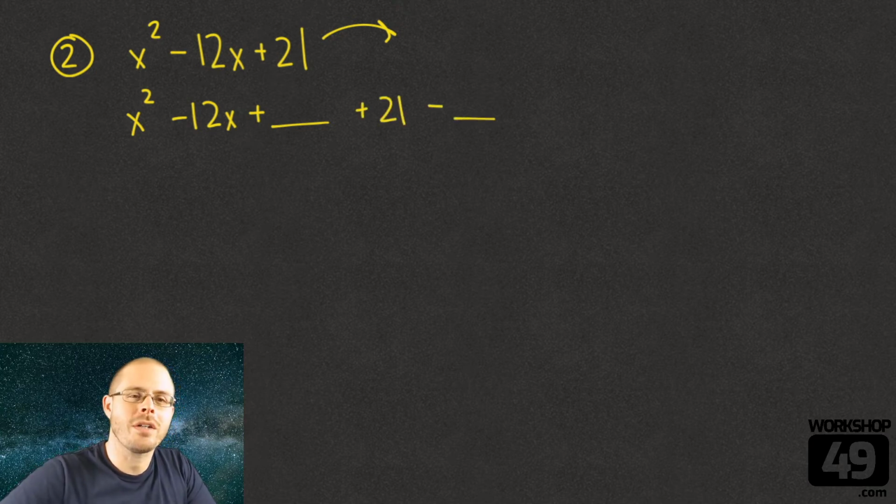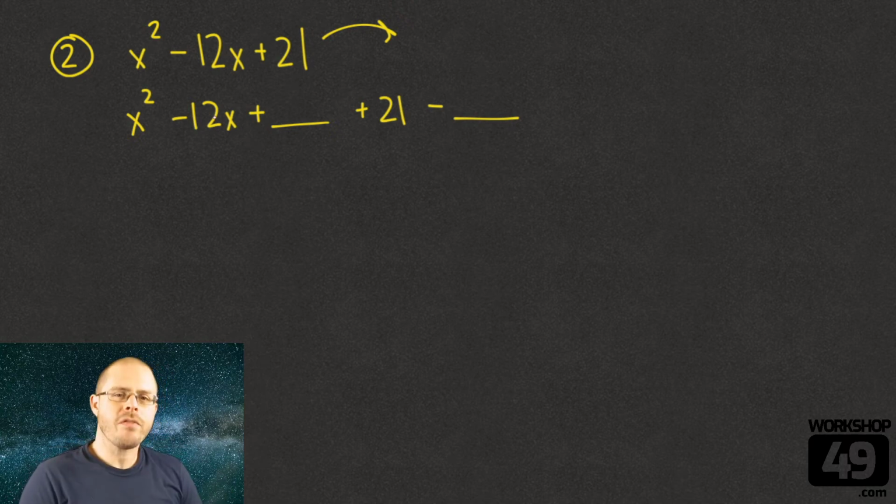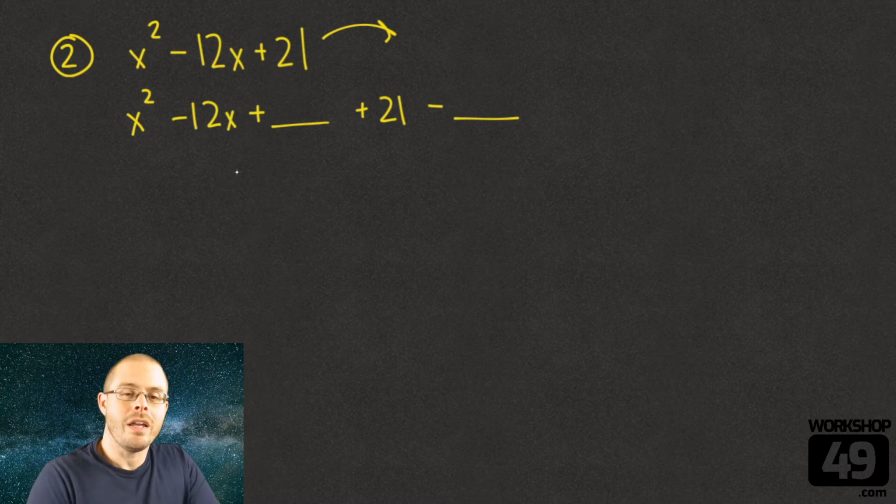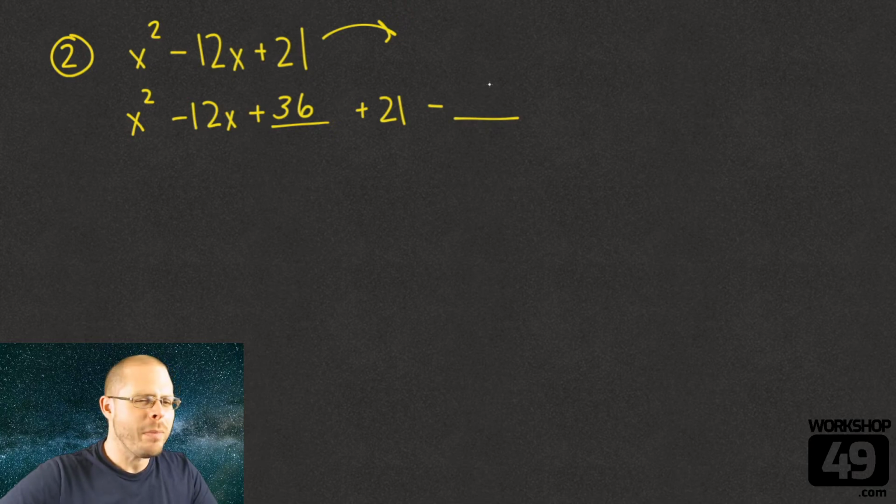So that 21 is chucked to the side. Whatever we add, we're going to have to subtract. The number that goes there is always half of the number that's in front of the x. Half of negative 12 is negative 6. Negative 6 squared is 36. Because we just added 36, we have to subtract a 36.